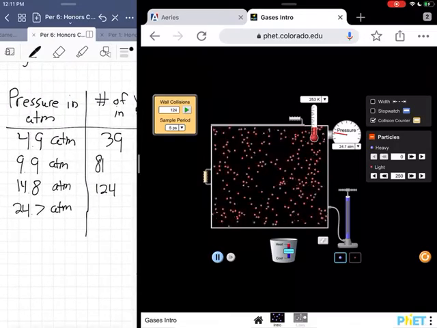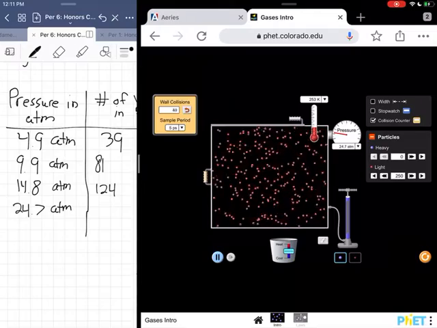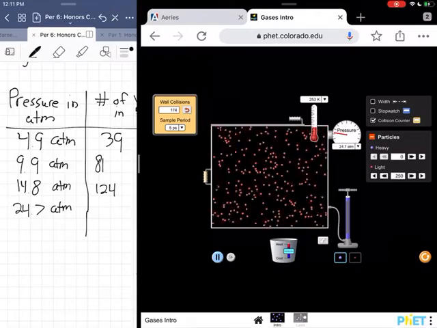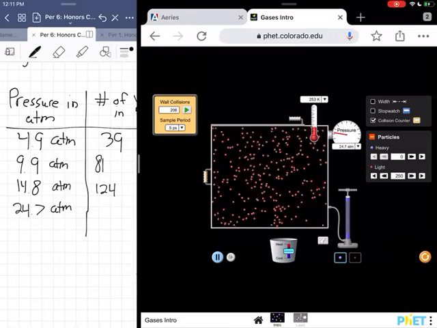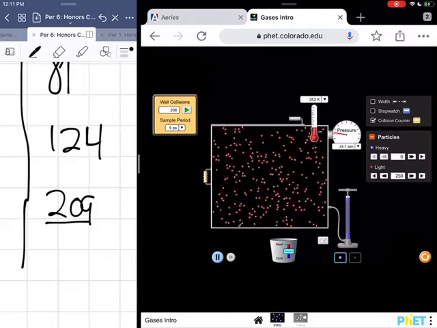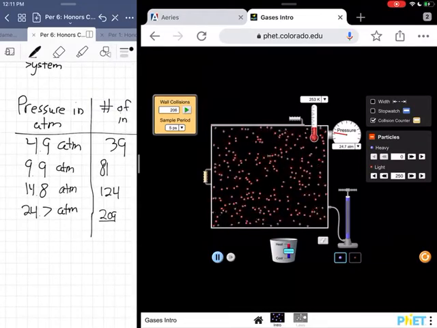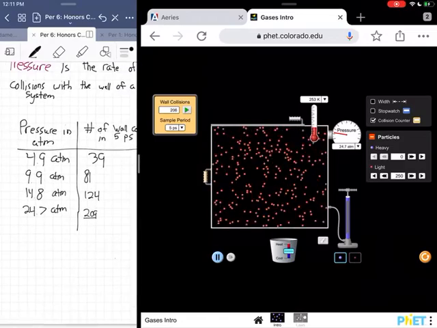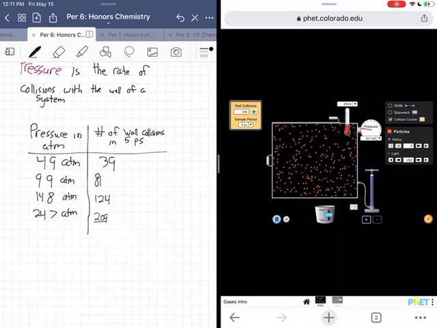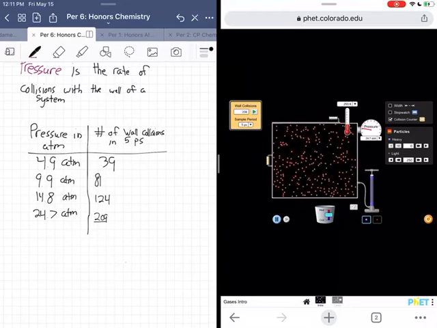Let's see what occurs with our wall collisions. 209, 226, 206, 209 was in the middle there, so let's go with that. 209. So as the pressure has increased, it looks like the rate at which our wall is being collided with is also increasing. Remember, this is always over the same time period of 5 ps, which is just a very small amount of time.